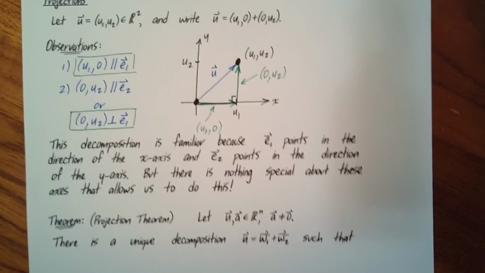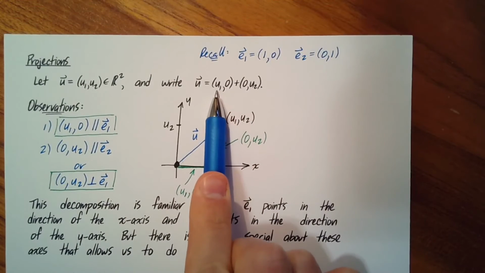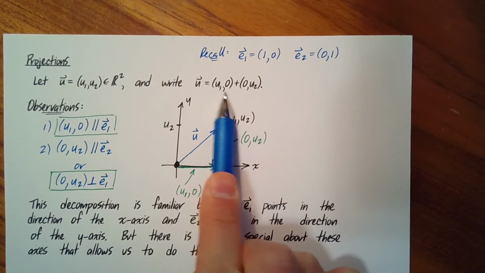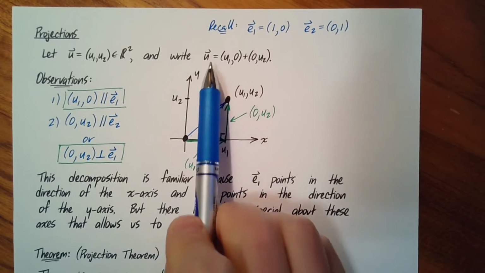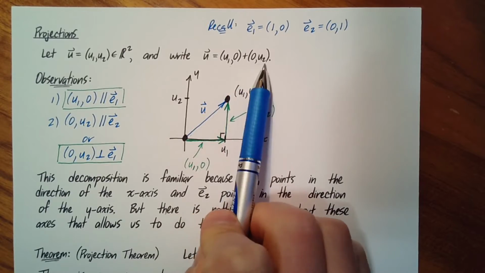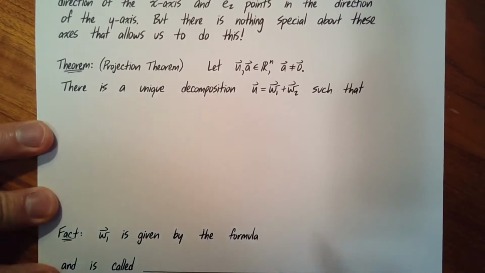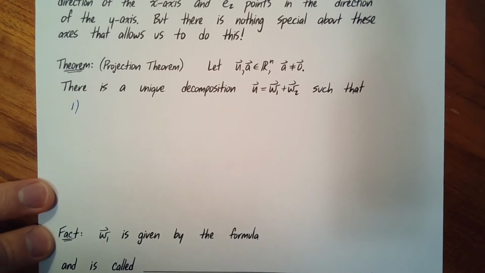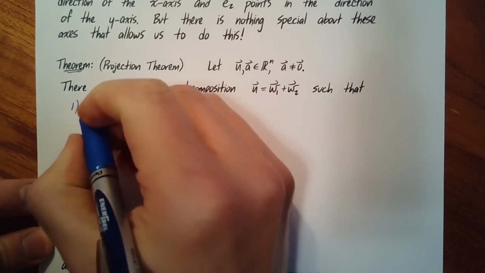By the way, the vectors w1 and w2 are the generalizations of these two vectors respectively. That's where u is equal to w1 plus w2 is coming from. The two conditions that are guaranteed to be satisfied here are, first of all, that this vector w1 is going to be parallel to a.